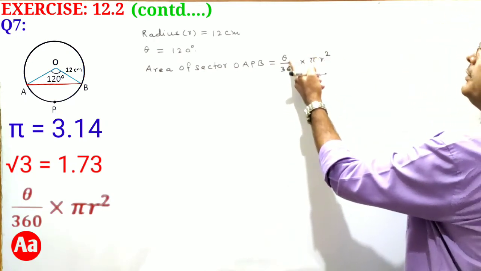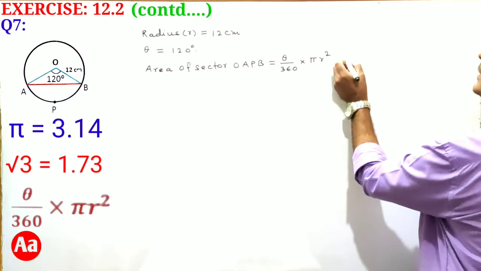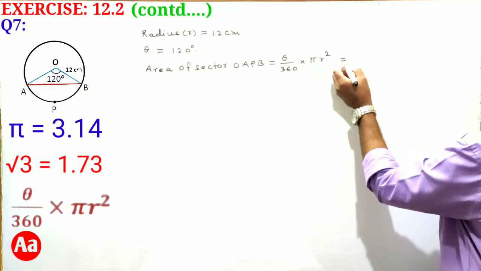Let's put the value of sector angle theta, pi, and value of radius r.